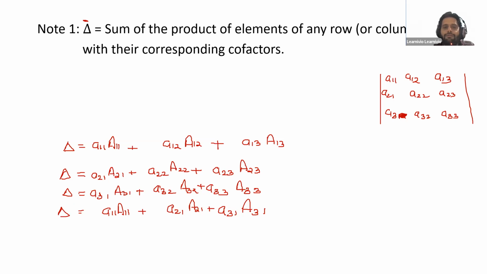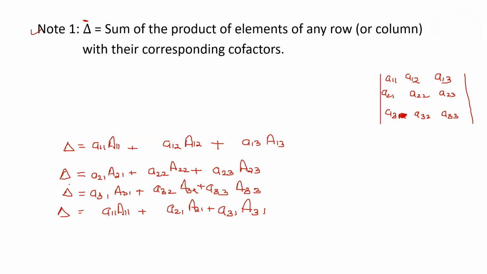So I hope this first note is clear to everyone. If you are multiplying the elements of any row or column of a determinant with its own cofactor, then you will get the value of the determinant. Please note down this first note and all these 4 points so that you will remember this.